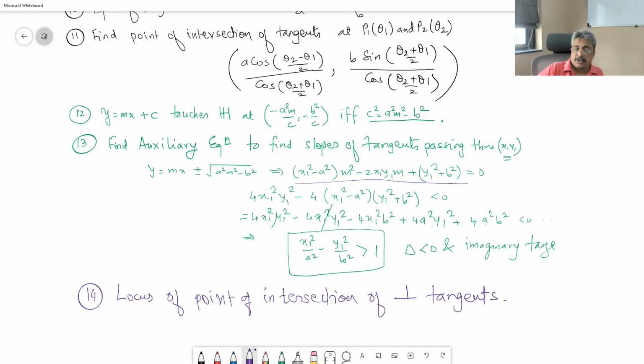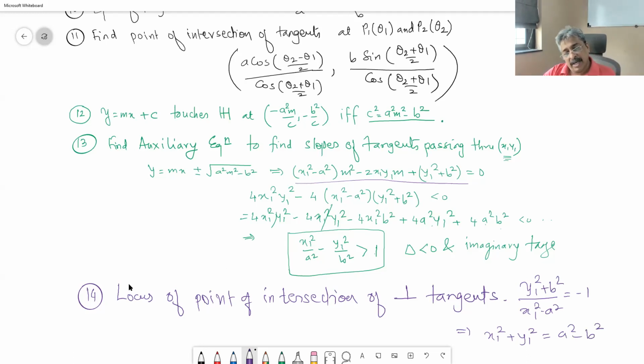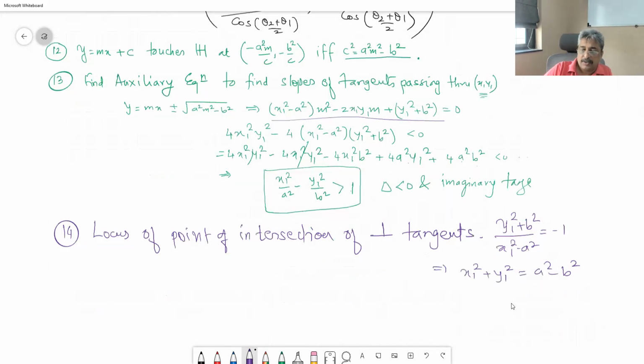Product of the slopes is -1. So y1 square plus b square upon x1 square minus a square is equal to -1. That makes it x1 square plus y1 square is equal to a square minus b square. Replacing x1 by x and y1 by y, we get the desired locus. So it's a circle.